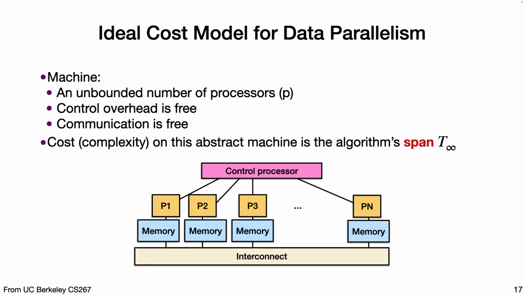Like in the previous model, we assume that we have some unbounded number of processors and that we're not counting control overhead, and we're also not counting communication or cache misses. Like in work-span, we weren't counting cache misses. That was a separate model. And in this case, again, we're going to count the complexity as the span, which is the time on infinitely many processors.